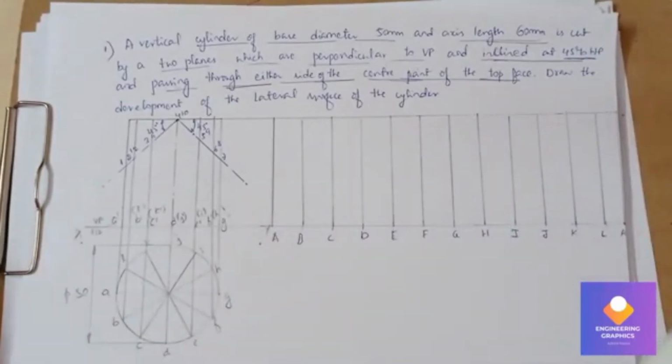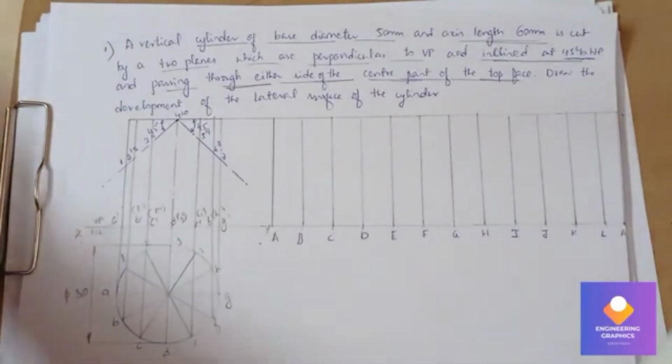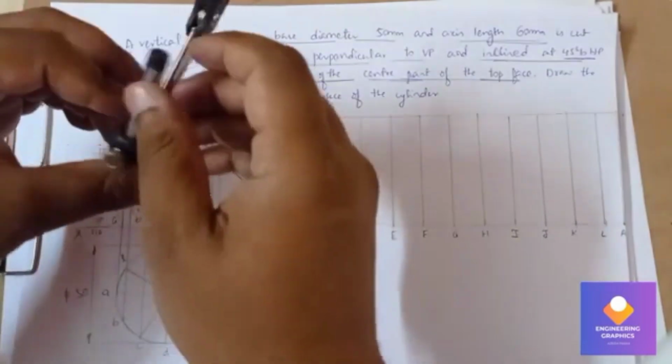Now we have to measure with the compass the points 1, 2, 3, 4.